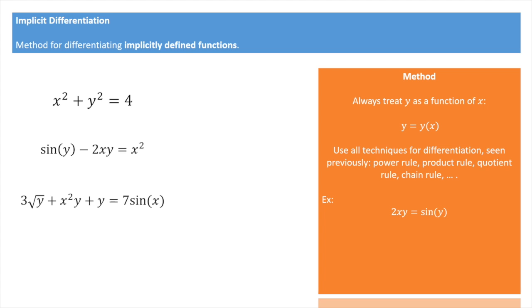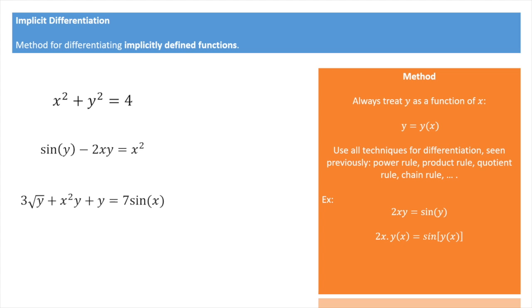Now, for example, we may be asked to differentiate 2xy equals sine of y. And the key thing to see here is that if we replace y by y of x, in other words, we just rewrite it that way, then it becomes quite apparent that on the left-hand side, we're looking at the product of two functions, 2x and y of x. On the right-hand side, we're dealing with a composite function, sine of y of x.